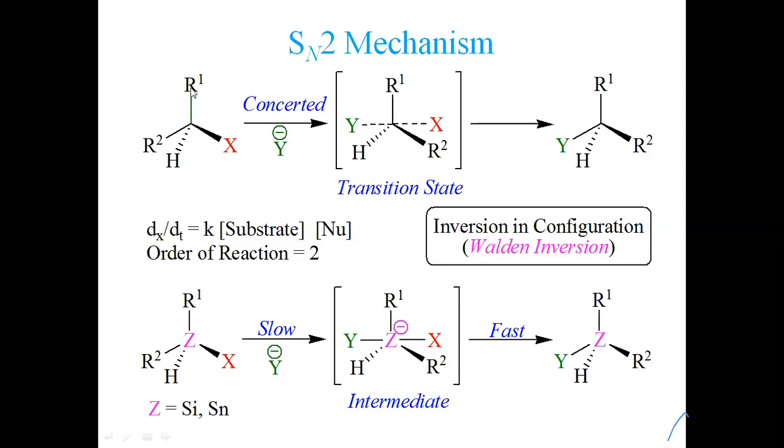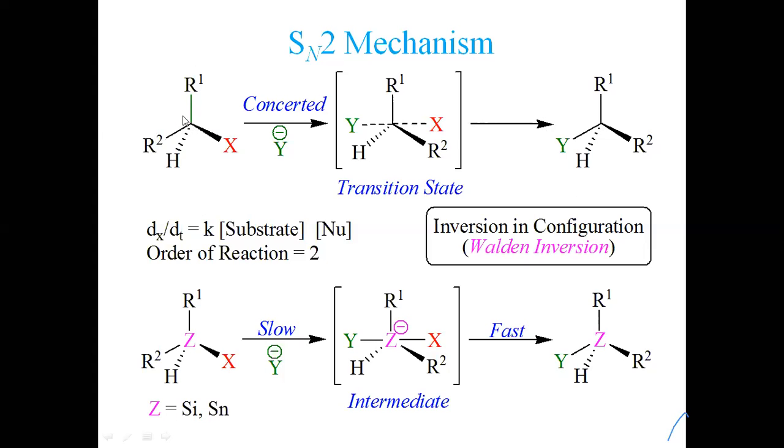Primary carbon, we have one alkyl group attached. This R2 is already hydrogen. So if it is a primary carbon, substitution with a nucleophile follows SN2 mechanism. It shall always proceed 100% via inversion in configuration, but we must have a primary carbon substrate.